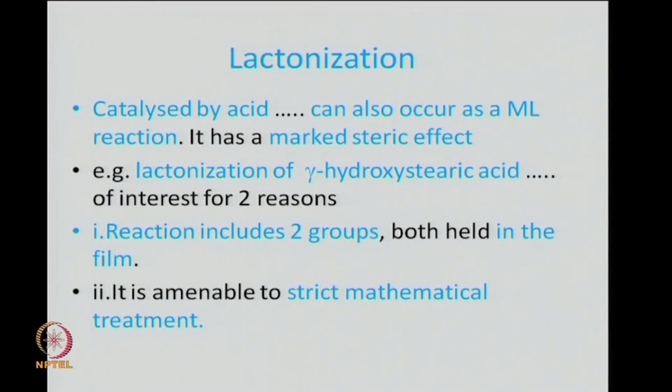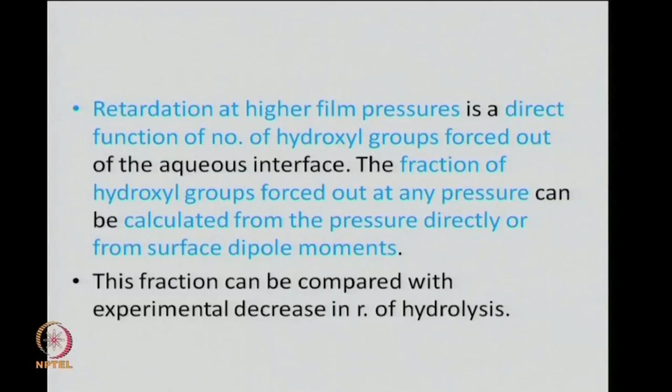So, it becomes that much more amenable to analysis, and besides, lactonization of gamma hydroxystearic acid includes two reactive groups, both held within the film. This will become clear when I show you the diagram a couple of slides later, but let us look at what happens when you change the film pressure.